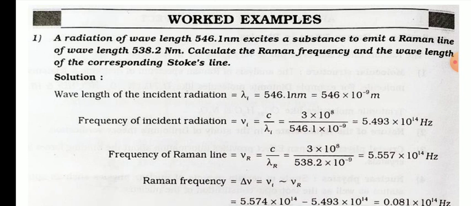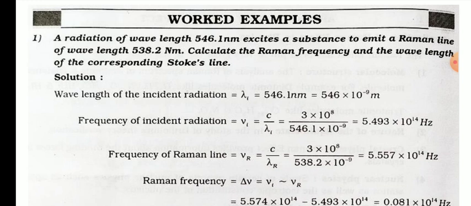The wavelength of the incident radiation is given, lambda I equal to 546.1 nanometer, or 546.1 into 10 raised to minus 9 meter. The frequency of incident radiation, nu I, is C by lambda I. So C is 3 into 10 raised to 8 divided by lambda I, which works out to be 5.493 into 10 raised to 14 hertz.